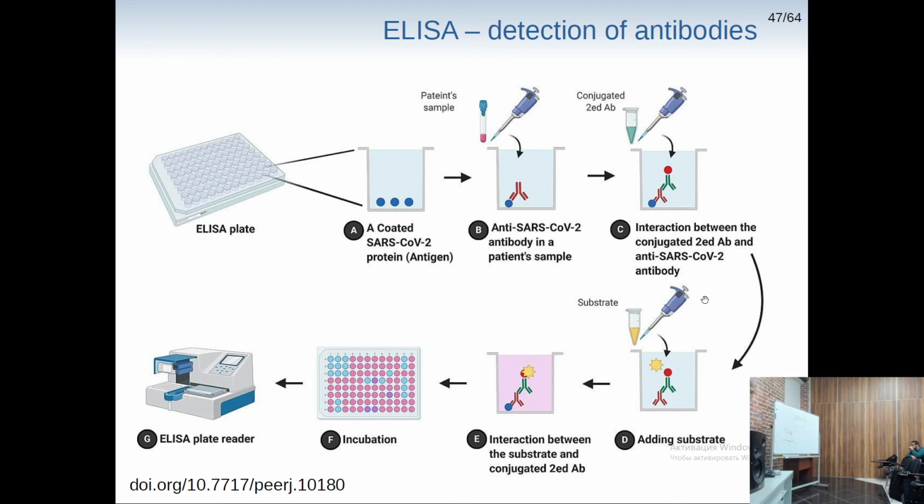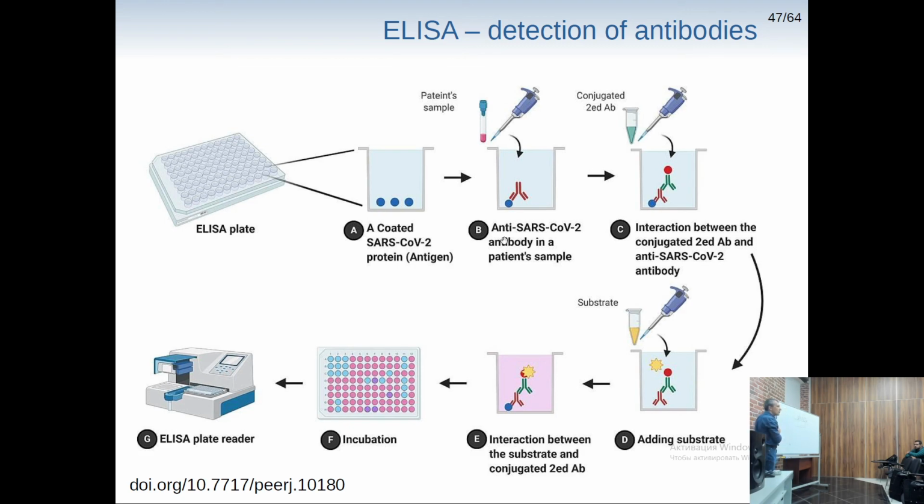This way it can work differently. For instance, we can have antibodies already coated on our wells, which recognize some part of our antigen.